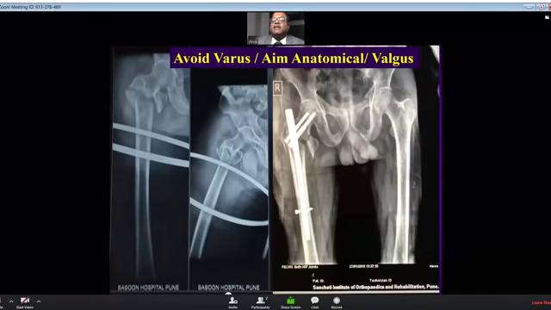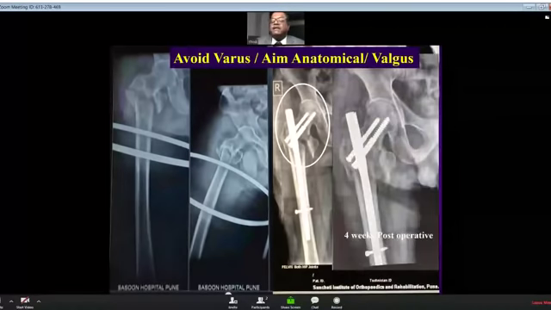But friends, this is in valgus. So especially if there is a medial void, if you get a valgus reduction in this fashion, it will compensate for the medial void, and the screw slides out uniformly. This is the immediate post-operative X-ray in January, and at just 4 weeks, Dr. Atul Patil, the head of the department, shared this picture at the end of 1 month.